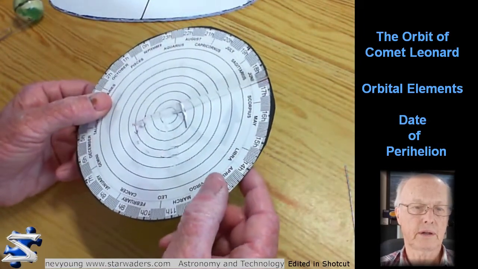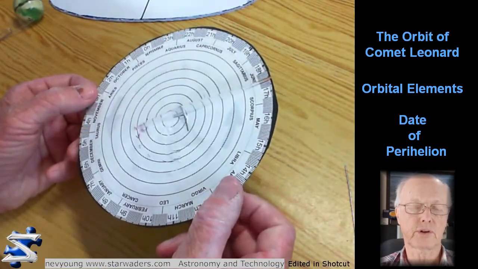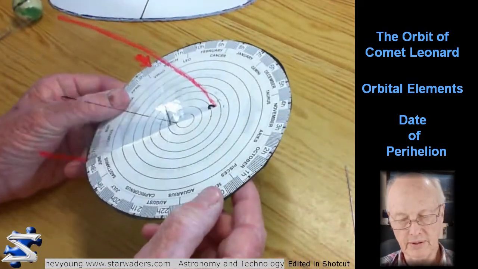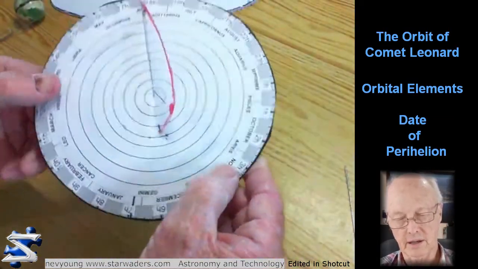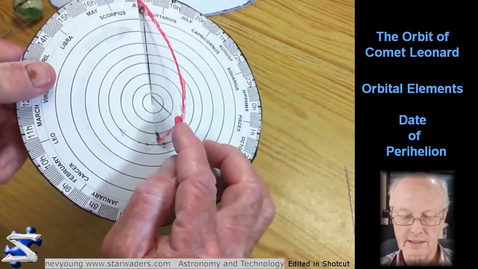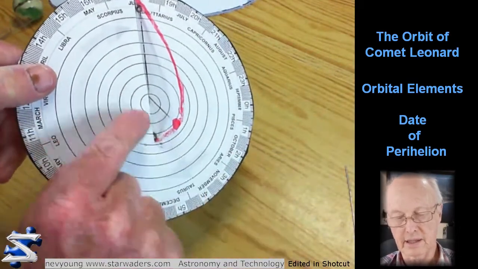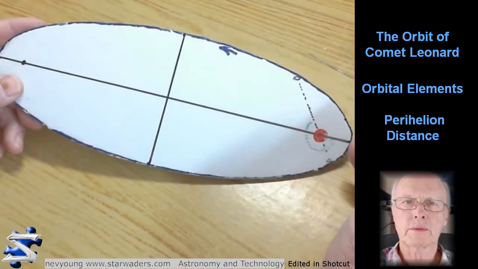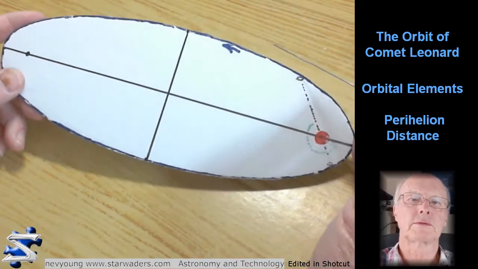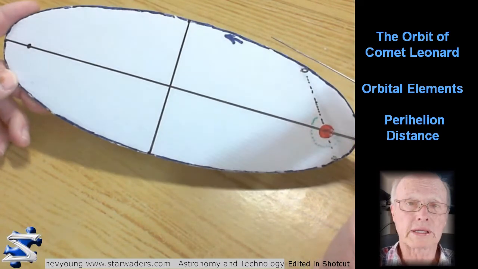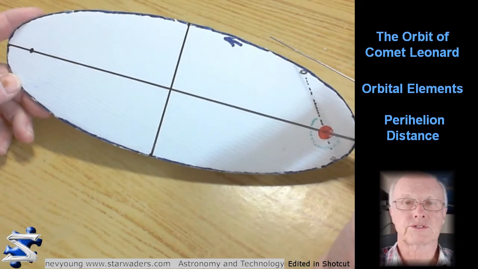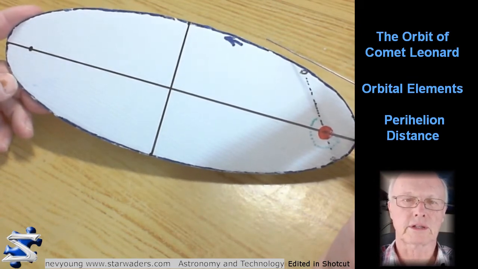Now we need to know where the position of the comet is in its orbit in time. And the way we define that is by stating at what date and time and minute and second the comet passes through perihelion. Okay, by now we know quite a little bit about this comet, but we don't really know how big it is in terms of kilometers, miles, astronomical units, what have you.